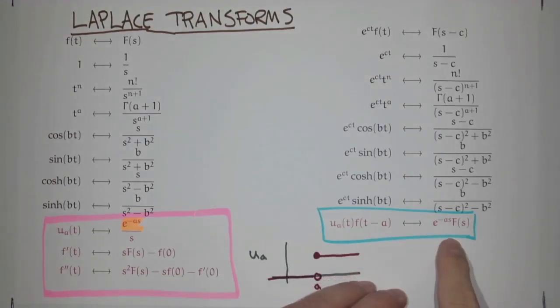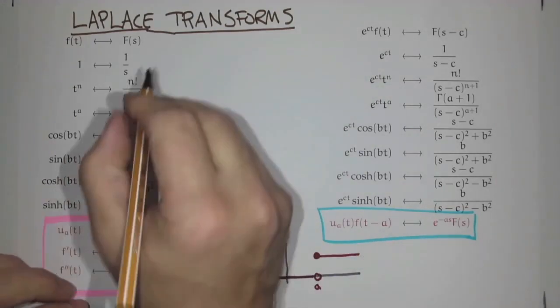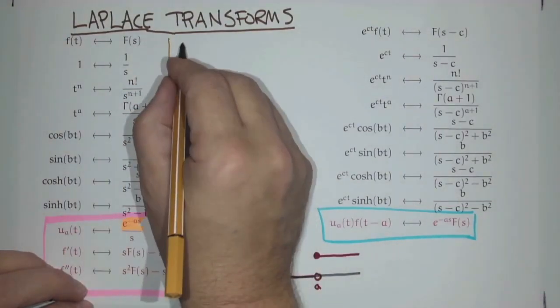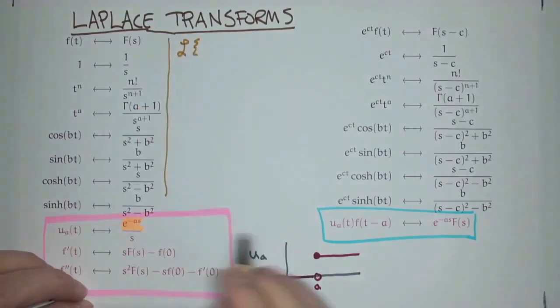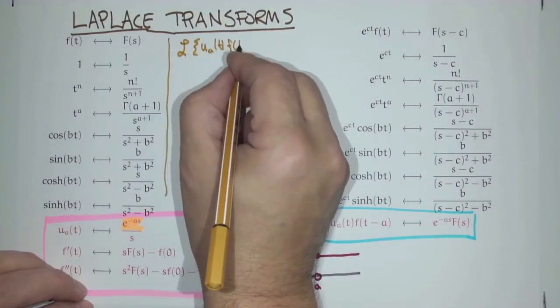Now we should justify this. And the way we justify a rule is we go to the definitions. So let's actually run through the definitions and verify that this is what we claim it to be. We'll take the Laplace transform of u sub a of t, f of t minus a.